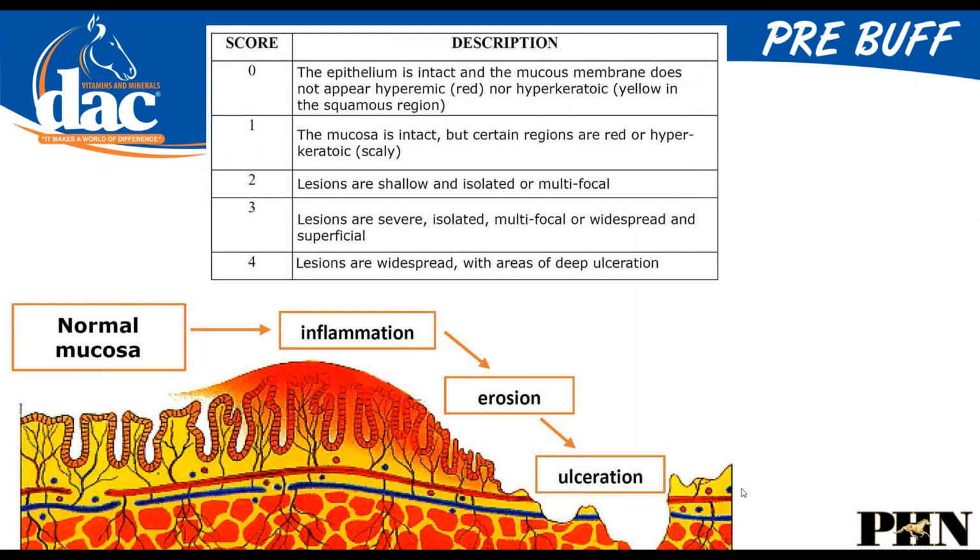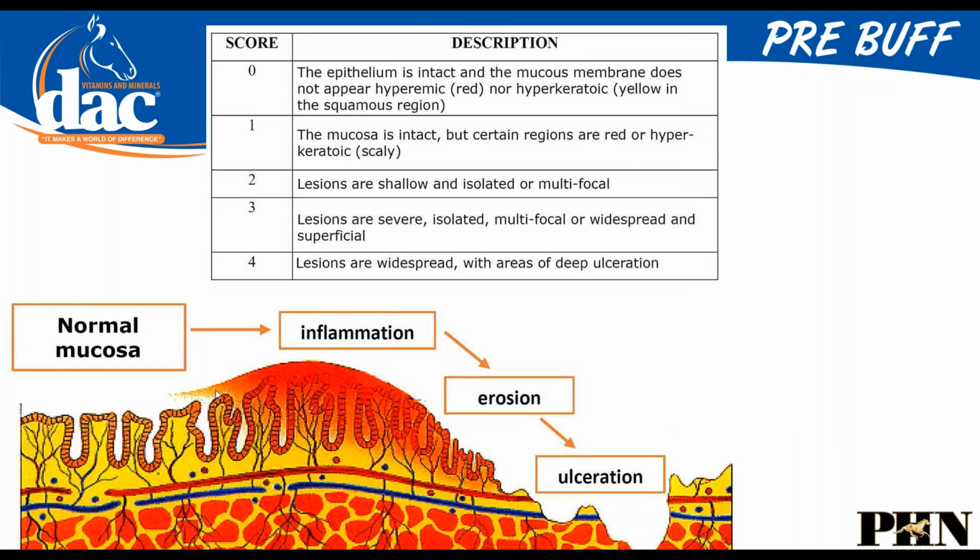So I mentioned we score ulcers in horses, but really what I want to show you here is normal gut lining here. And then we've got inflammation and then erosion and then ulceration. Right on this arrow between normal and inflammation, that's where we want to stop.